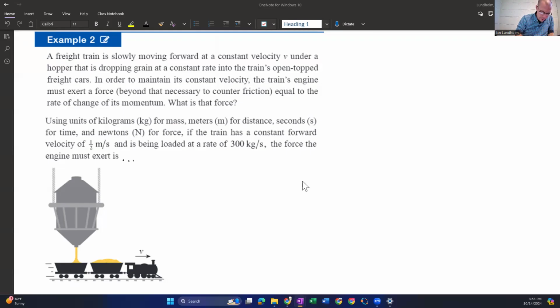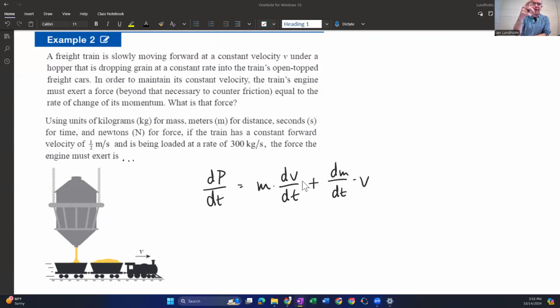What we figured out earlier was dp/dt is equal to mass times dv/dt, that's the acceleration, and then the rate of change of mass times velocity. Okay, so in this case, can we figure out what to put where?